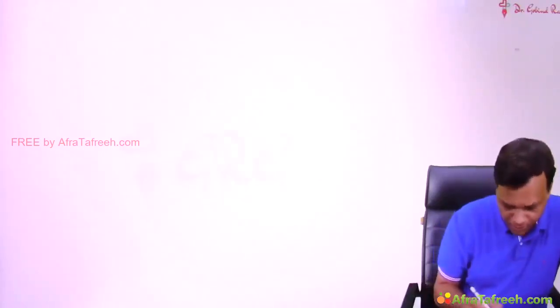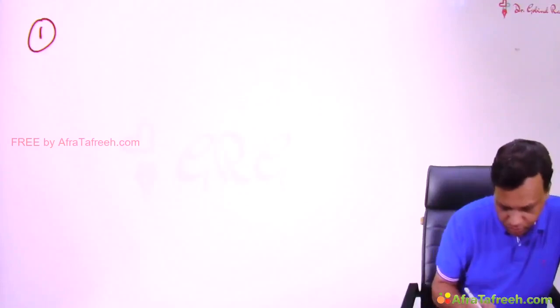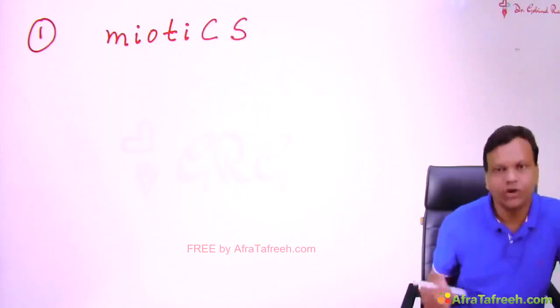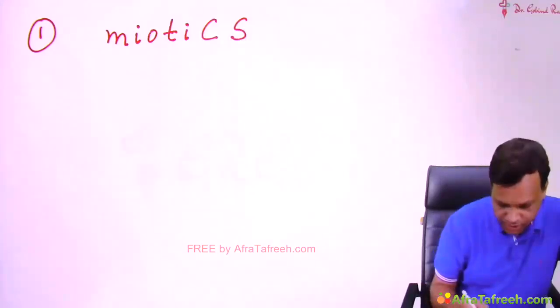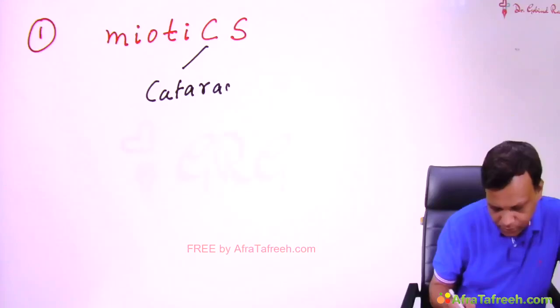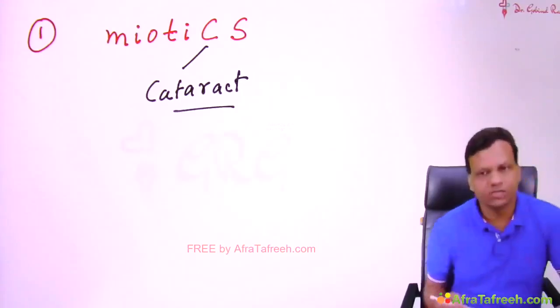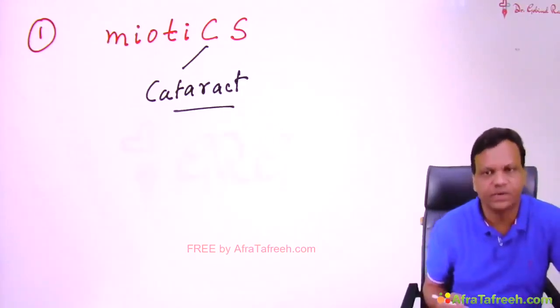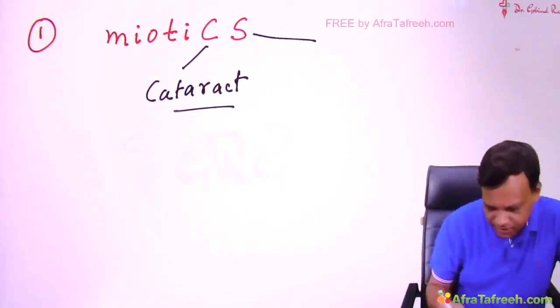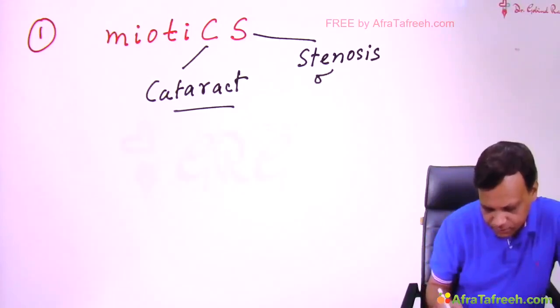So you can remember, first of all, miotic drugs. Miotic drugs can result in cataract, particularly caused by acetylcholine esterase inhibitors like physostigmine, ecothiopate, and second, they can cause stenosis of the nasolacrimal duct.